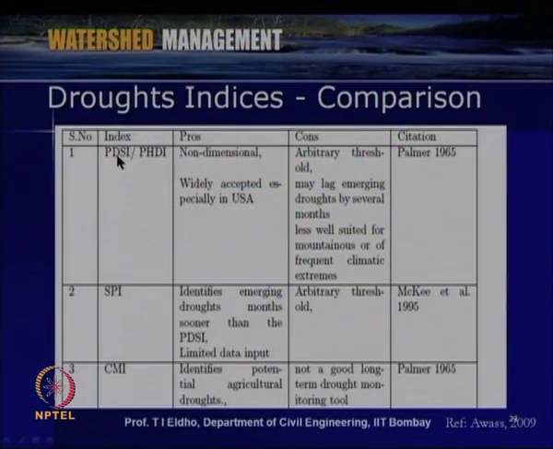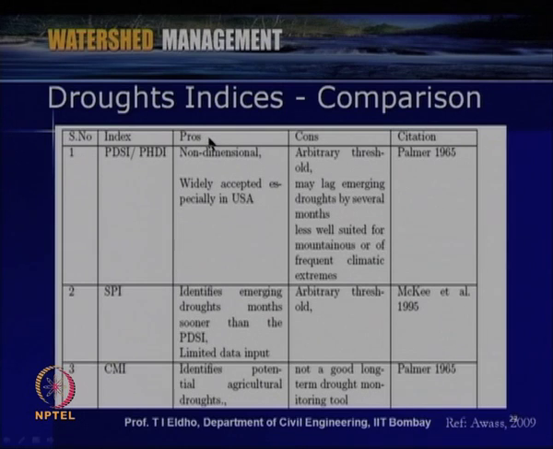Now, before closing the drought indices, let us have a brief comparison between three commonly used indices: the Palmer drought severity index or Palmer hydrological drought index, the standardized precipitation index, and the crop moisture index. The CMI is generally for agriculture area.